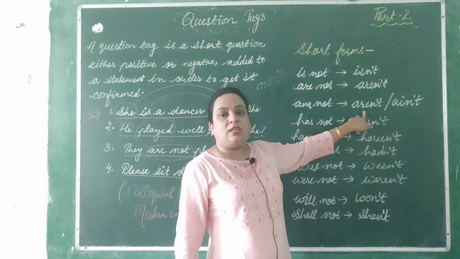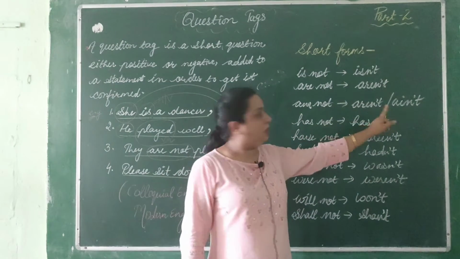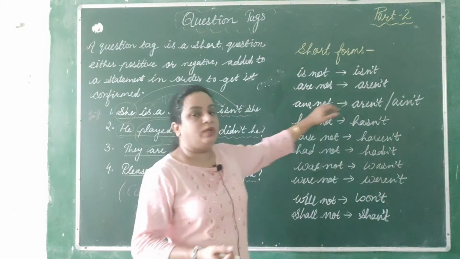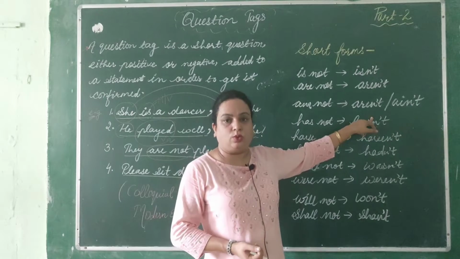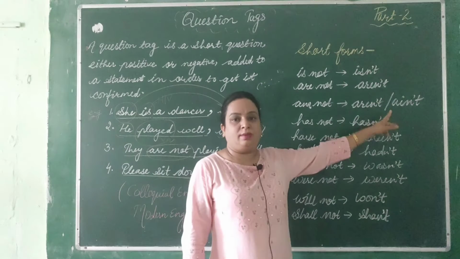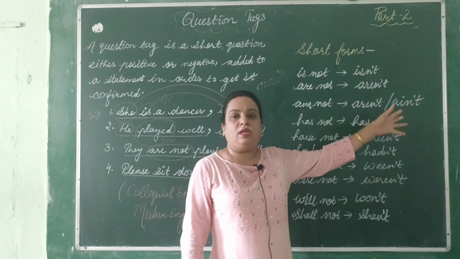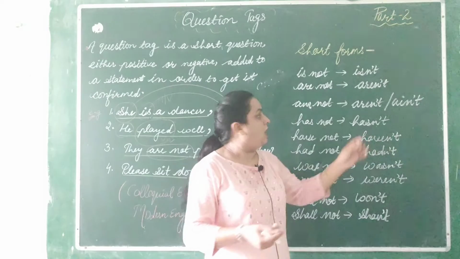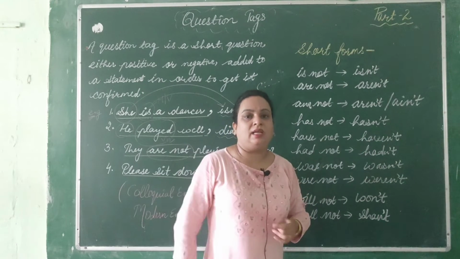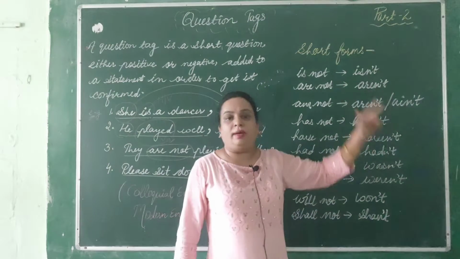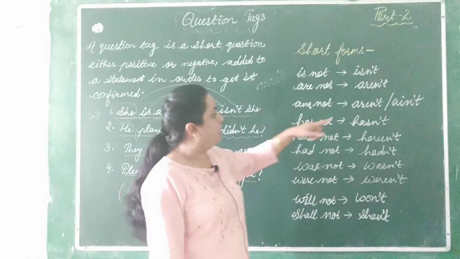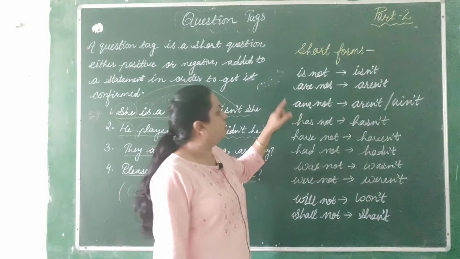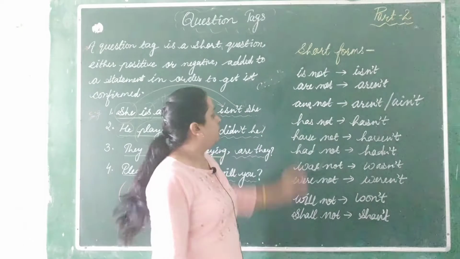But we can use aren't also instead of writing this ain't, meaning in the place of am not you can write aren't also, if you are not very much comfortable writing ain't or you think you will forget the spelling. Actually it is very easy. You do not have to write AMN apostrophe T, you have to write AIN apostrophe T. So that is ain't, right? But if you forget, you can use aren't also in the place of am not.